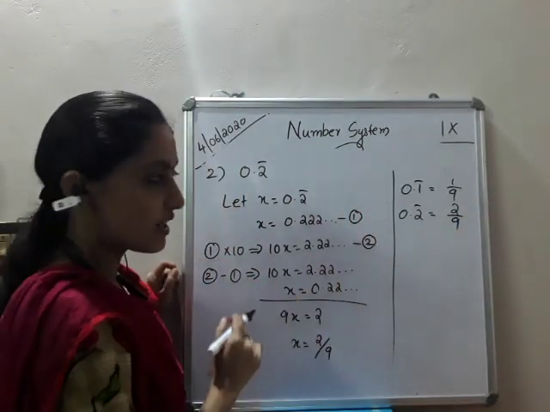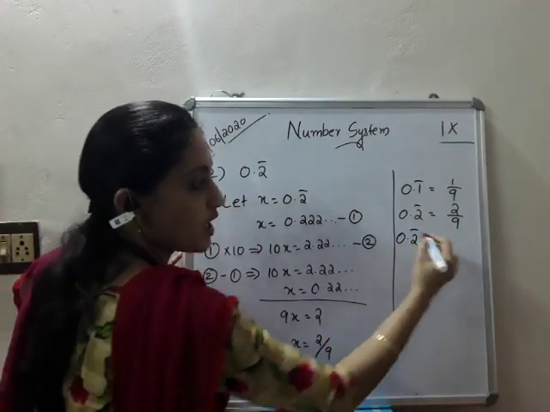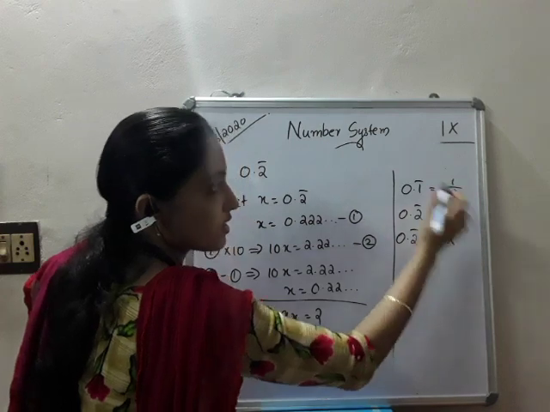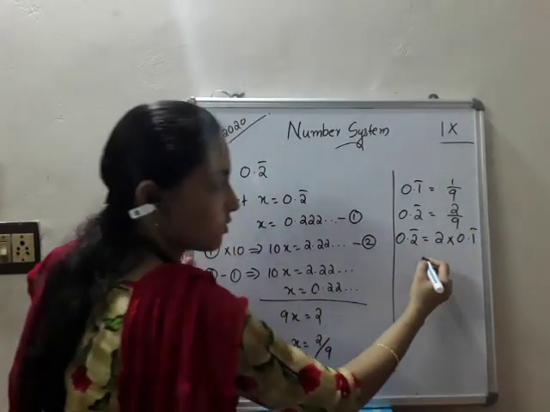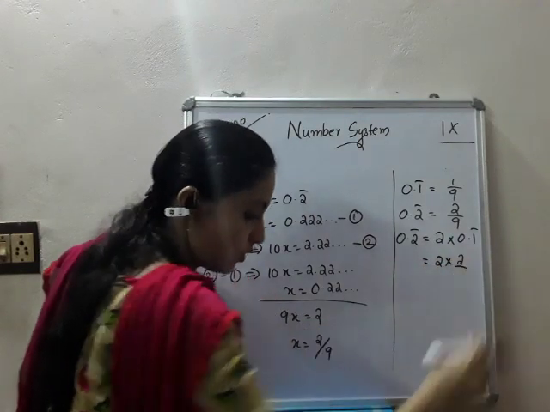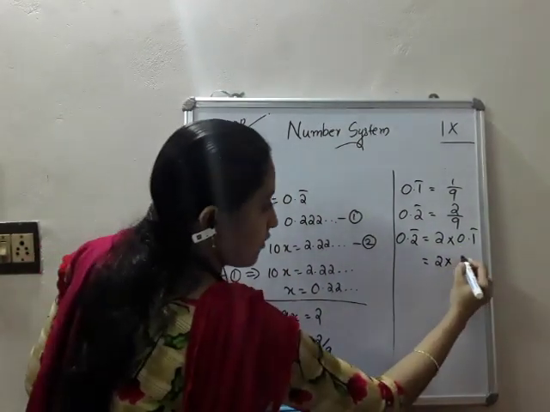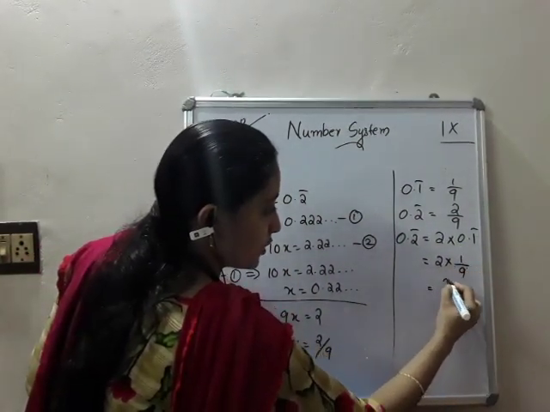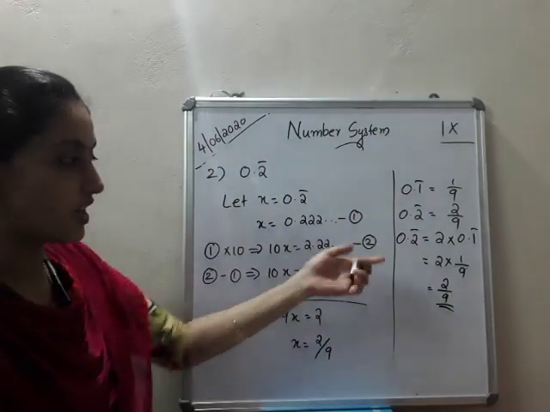From this what can we conclude? 0.2 bar will be equal to 2 times 0.1 bar. That is equal to 2 into 1 by 9, that is equal to 2 by 9. Without doing these steps, we can write it.